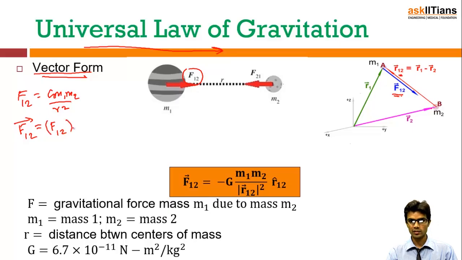So what is the unit vector? F12 is in the direction of A to B, so here we can write the unit vector of AB. Any vector can be expressed as magnitude into unit vector.